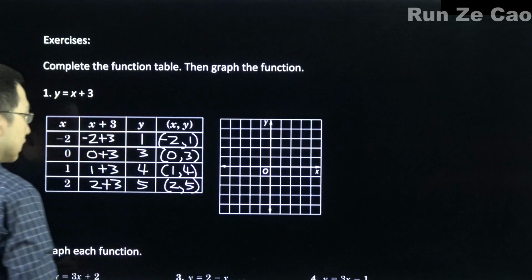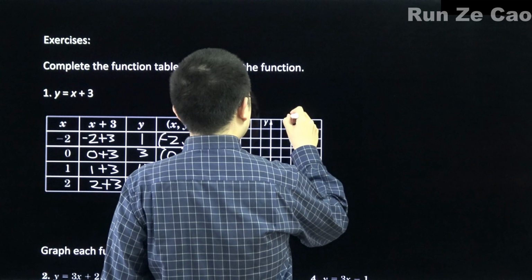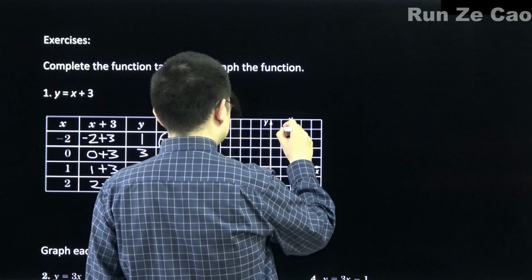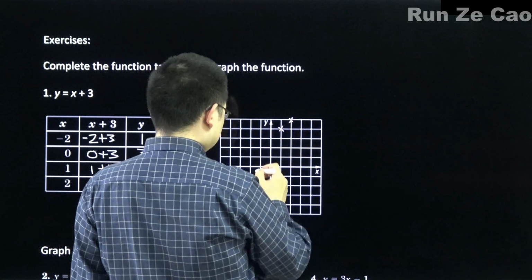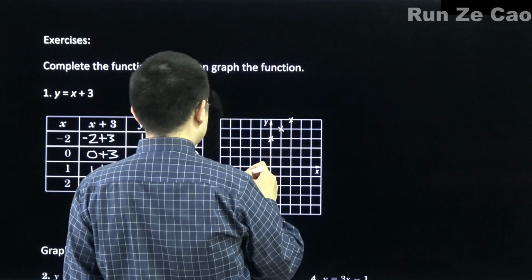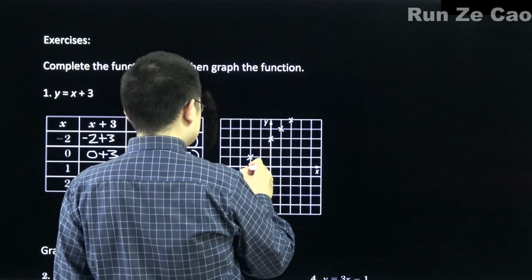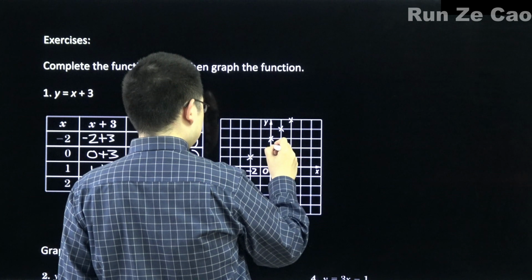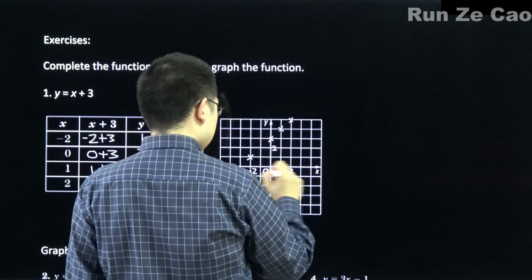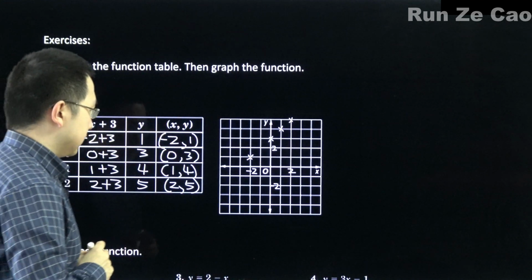And if we plotted these, we would end up with 2, 5; 1, 4; 0, 3; -2, 1. So, this is -2, this is 2. Labeling the axes is important.